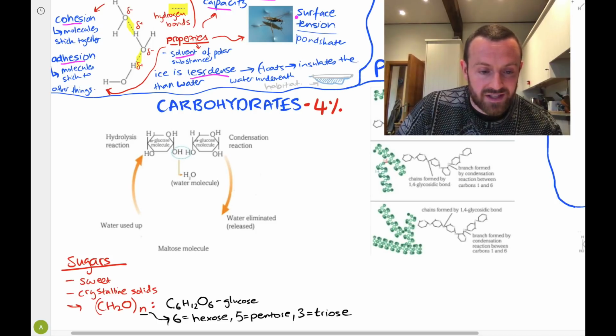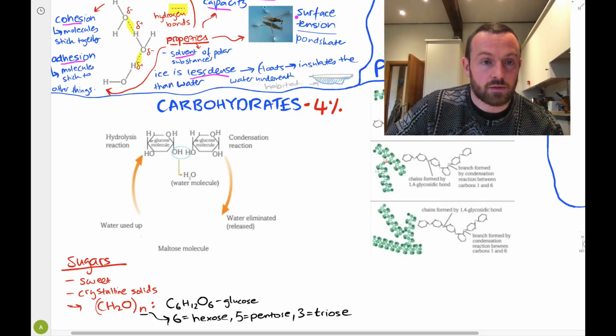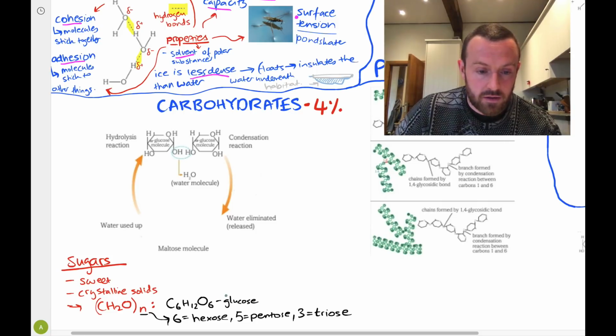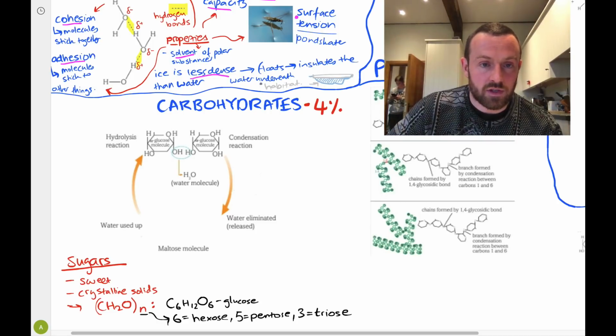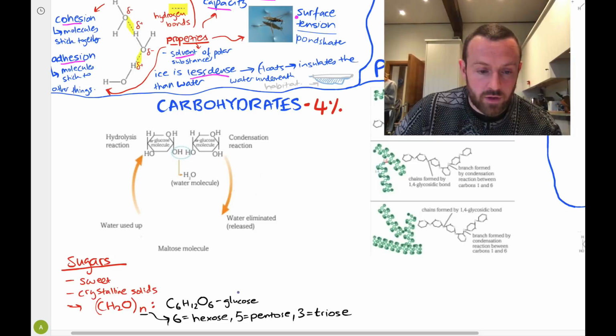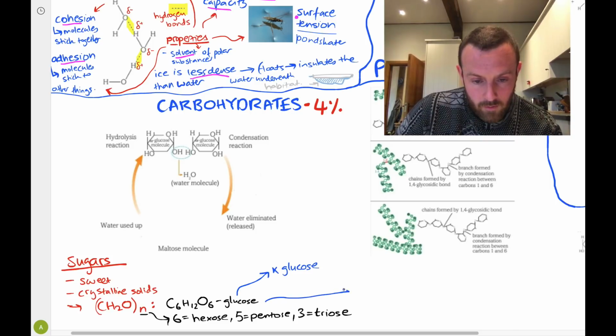So glucose, C6H12O6, actually has 2 varieties, isomers. We've got alpha glucose and we've got beta glucose.